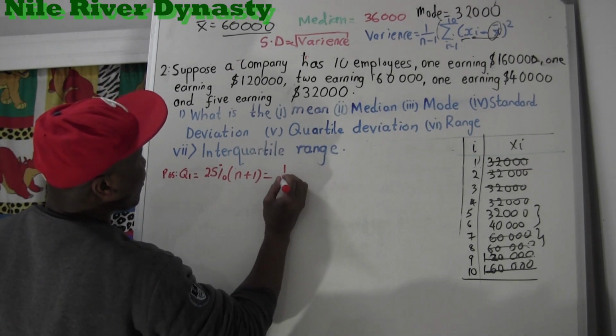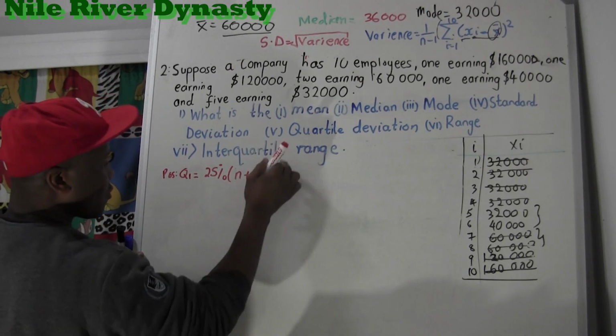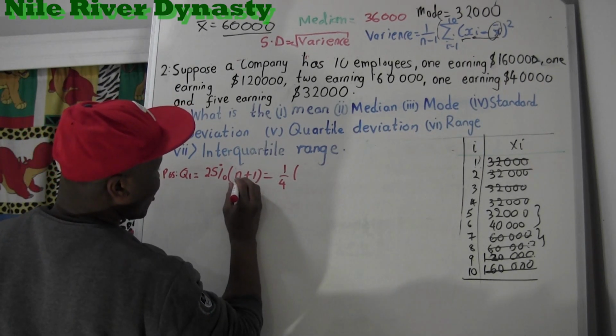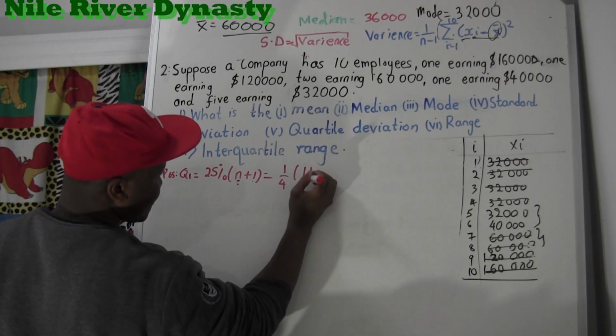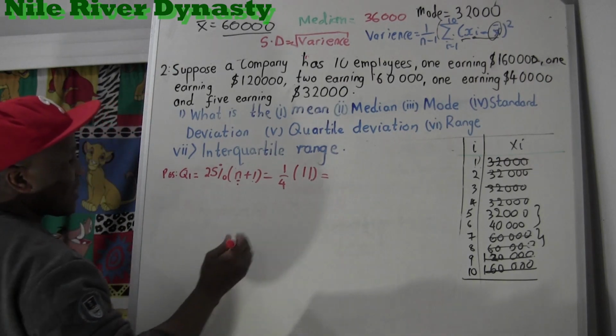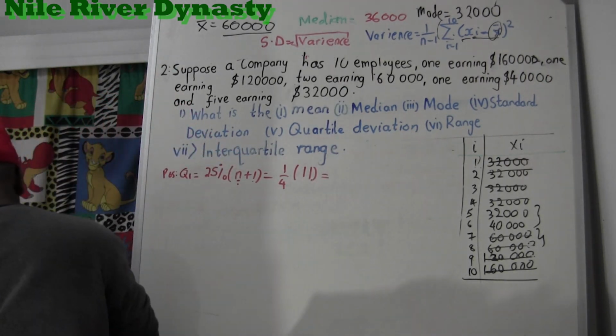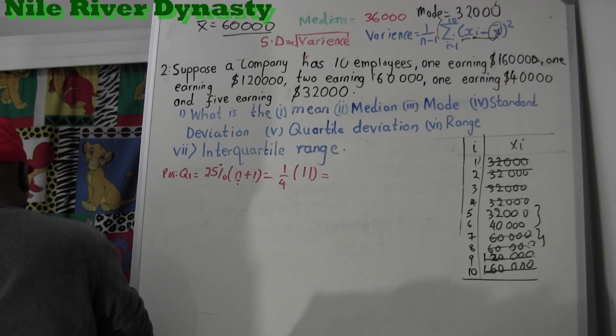So let's say 1 over 4, because 25 over 100 is 1 over 4, and then n. What is n? 10. 10 plus 1 equals 11. This is going to give us 11 divided by 4.